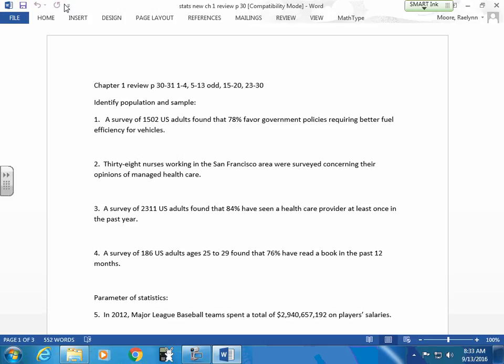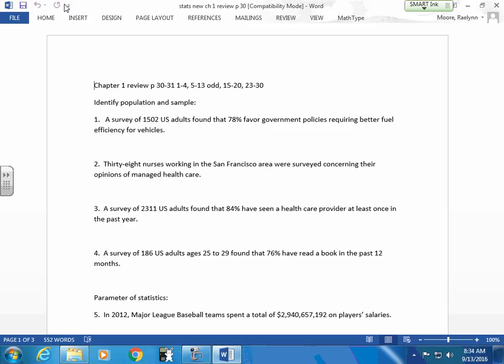If you jump down to number 11, quantitative or qualitative. Now listen carefully. The ages of a sample of 350 employees in a software company. Quantitative or qualitative? Quantitative. What level of measurement are ages? Ratio.